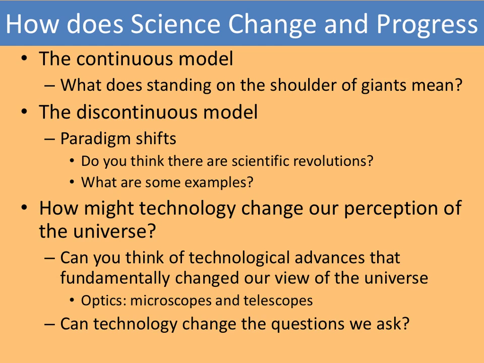same thing with telescopes. As you know, in the beginning, for most of human history, people probably thought, if they thought at all, that we were the center of the universe and everything, the stars and the sun and the moon, revolved around us. Well, that started to change with telescopes. Galileo saw the rings of Saturn and the moons of Saturn.